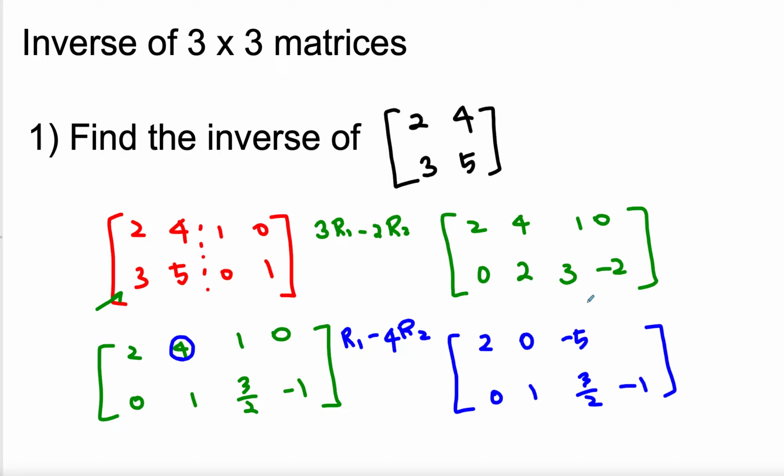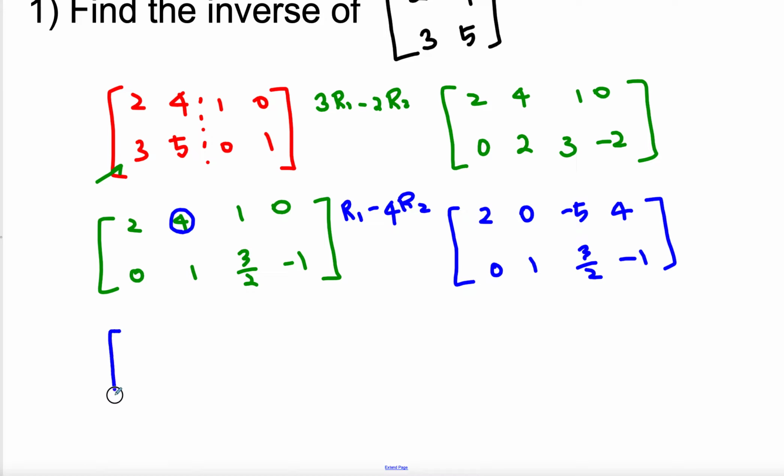Lastly, 0 minus 4 times negative 1, so we get positive 4. And then I need to divide this row by 2. Then I'll be getting 1, 0, negative 5 over 2, and then 2. And 0, 1, 3 over 2, and minus 1.